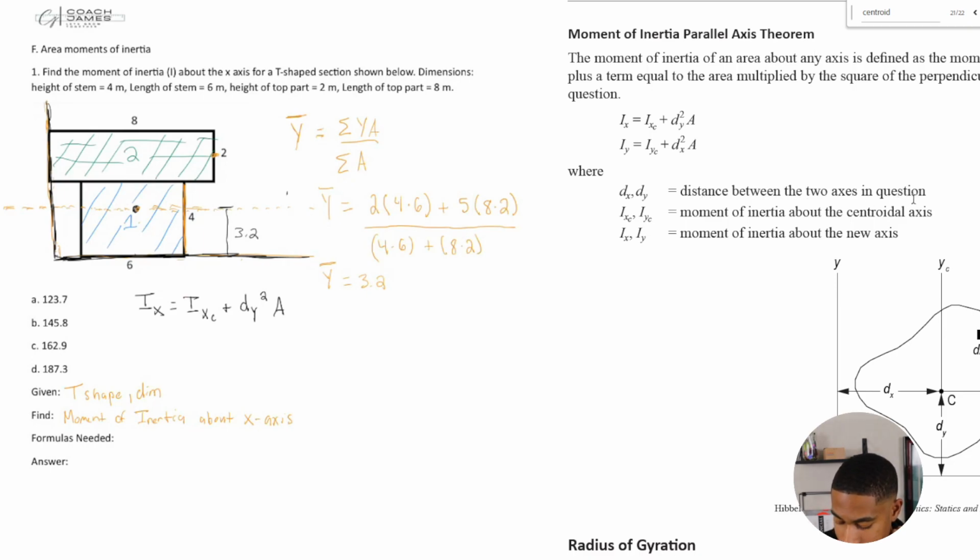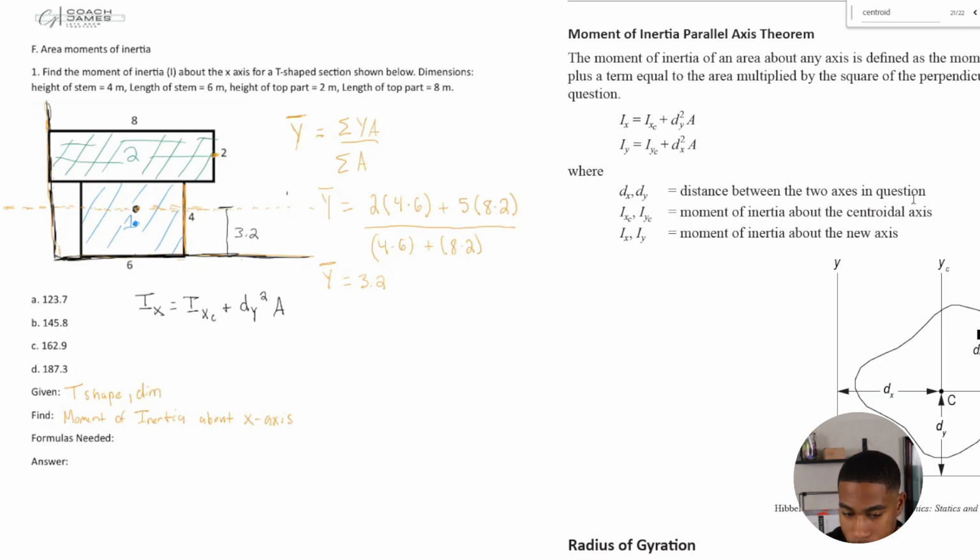So what are the two axes in question? Well, we have the centroid of the actual shape, and then we also have the centroid of the individual shape, which could be like here.